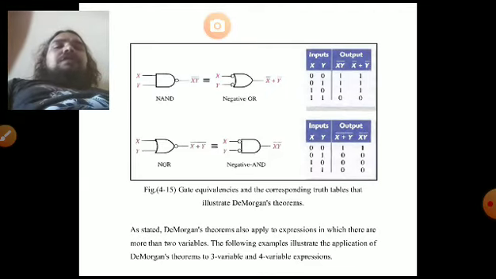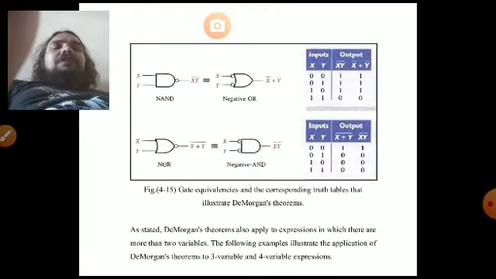Using the circuit diagram, case 1: x is equal to 0, y is equal to 0, the resultant output is 0 into 0, which is 0, and 0 bar is equal to 1. So the LHS output is 1. Case 2: x is equal to 0, y is equal to 1, the NAND gate output is 1.